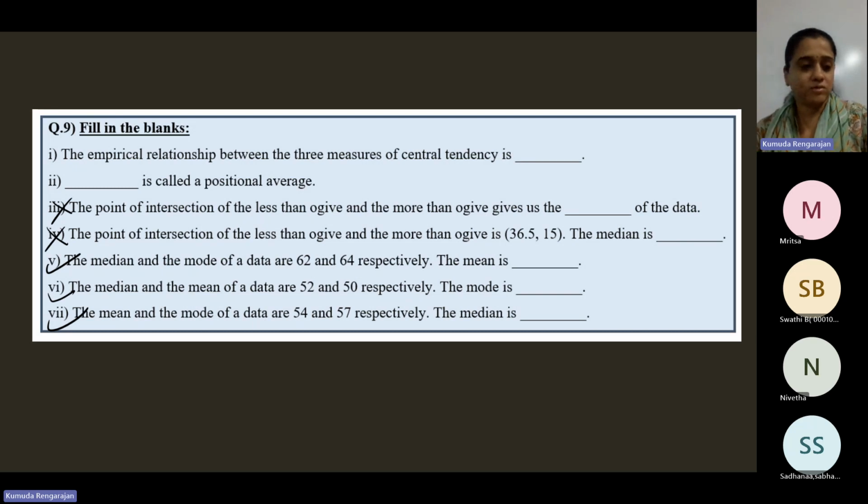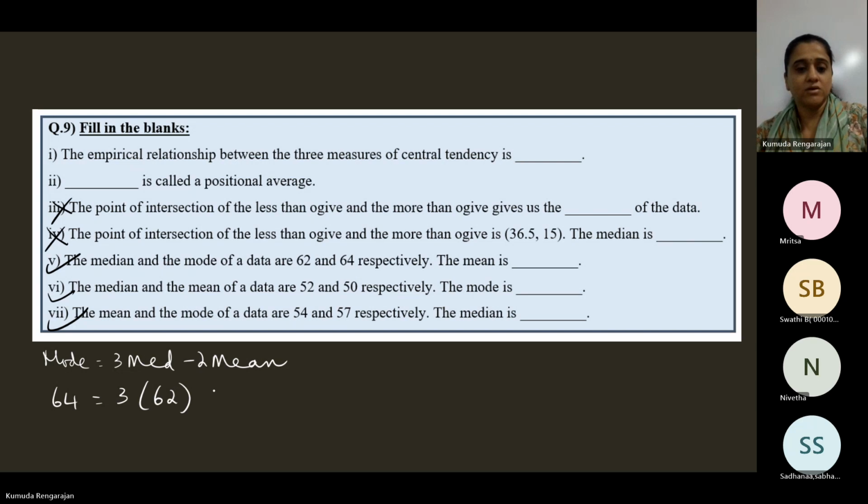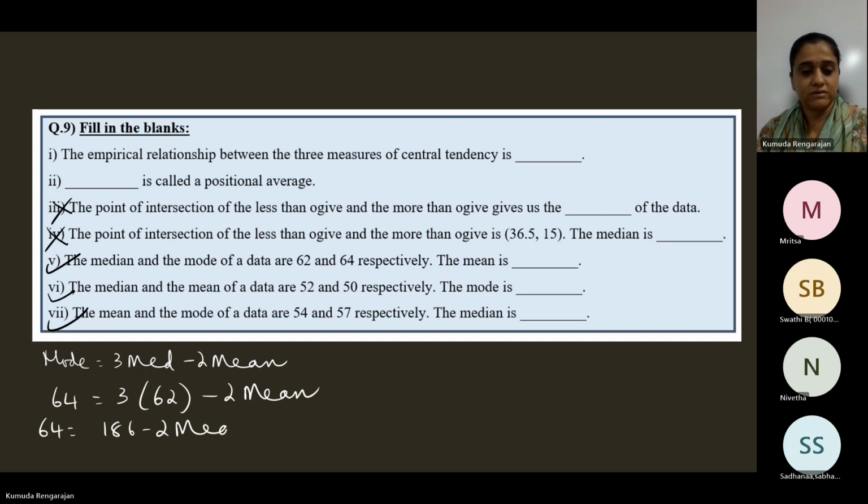Okay, so I'll do the 5th one for you. Mode is equal to 3 median minus 2 mean. Now what is given in the 5th one? Median and mode given. Mode is 64. Median is 62. You should find mean. So solve this. 64 is equal to 186 minus 2 mean.